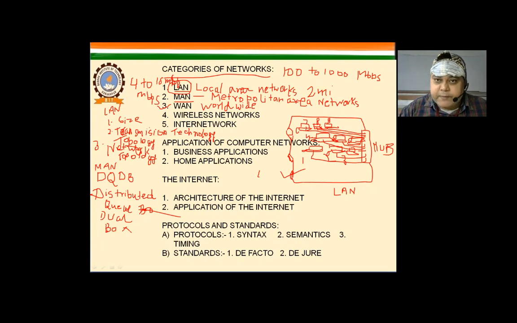On a first approximation, the MAN might look something like this system. If you see in a row, there are three rows like this, and the houses are connected to this.